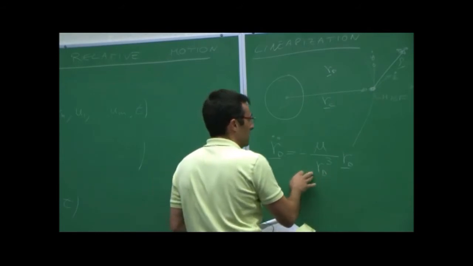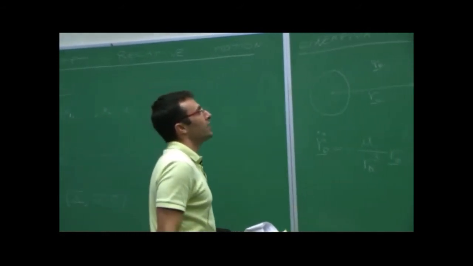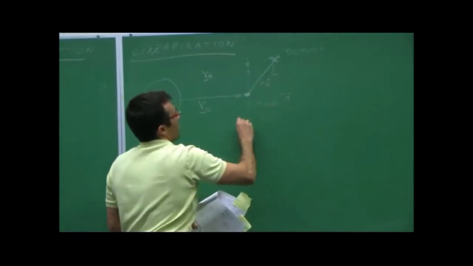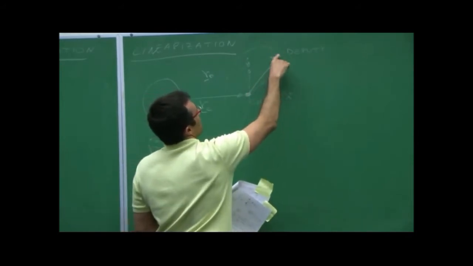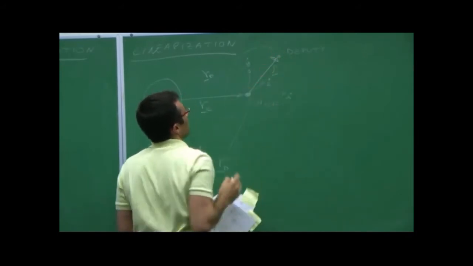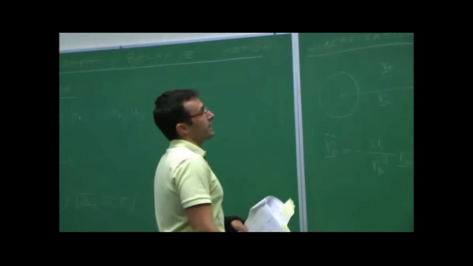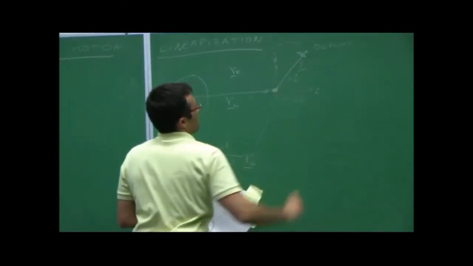So that's nonlinear enough. But what if I know that deputy is not going away from another satellite, which I call the chief? What if I care about representing its relative trajectory with respect to the chief? Maybe I can try to linearize this equation and project it into this basis x, y, and z, and have an easier representation for what that rho vector is doing over time, which is exactly those equations I gave you before.